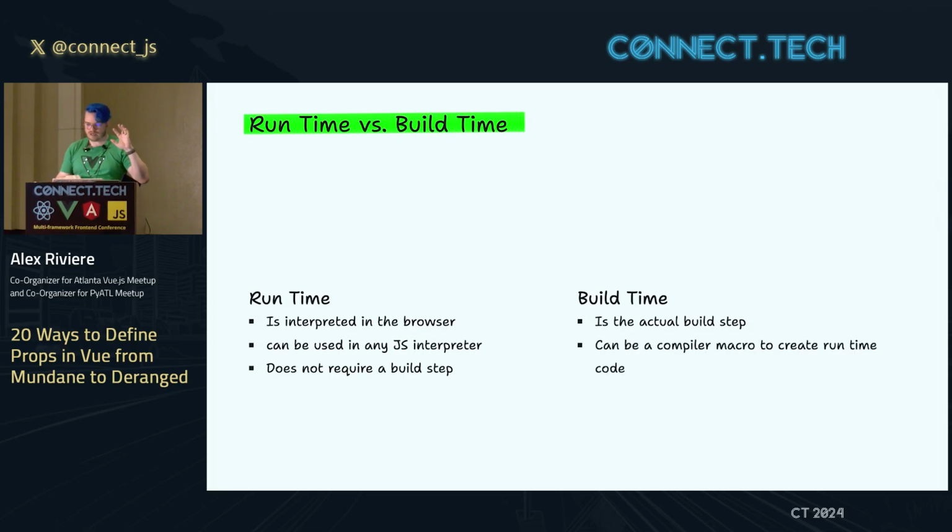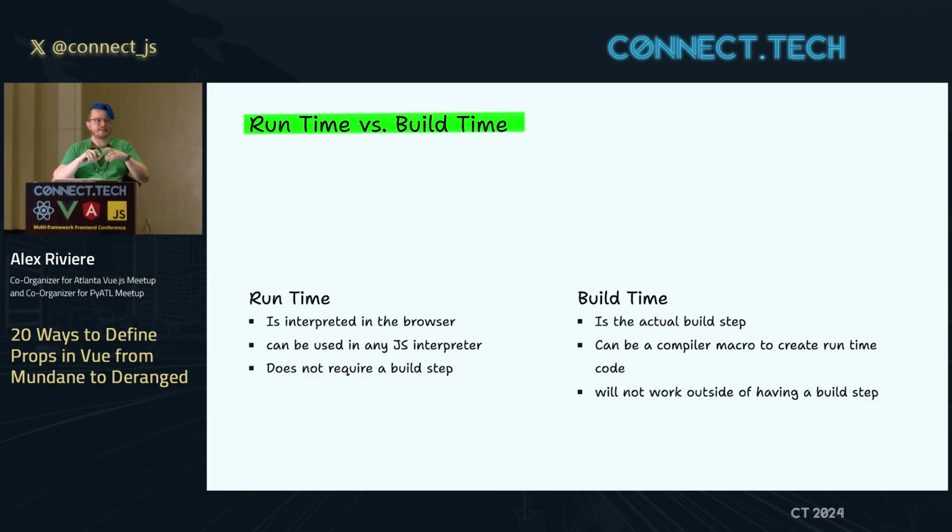Part of why I'm saying this is that there are things called compiler macros, which we're going to get into. Compiler macros are a thing that run at build time and create runtime code, okay? It is an instruction to the Vue compiler, to Vite, to Webpack, to whatever, saying, hey, here's a thing I want to do. I'm going to put some code here. You figure out where it goes. You figure out how it needs to be defined, right?